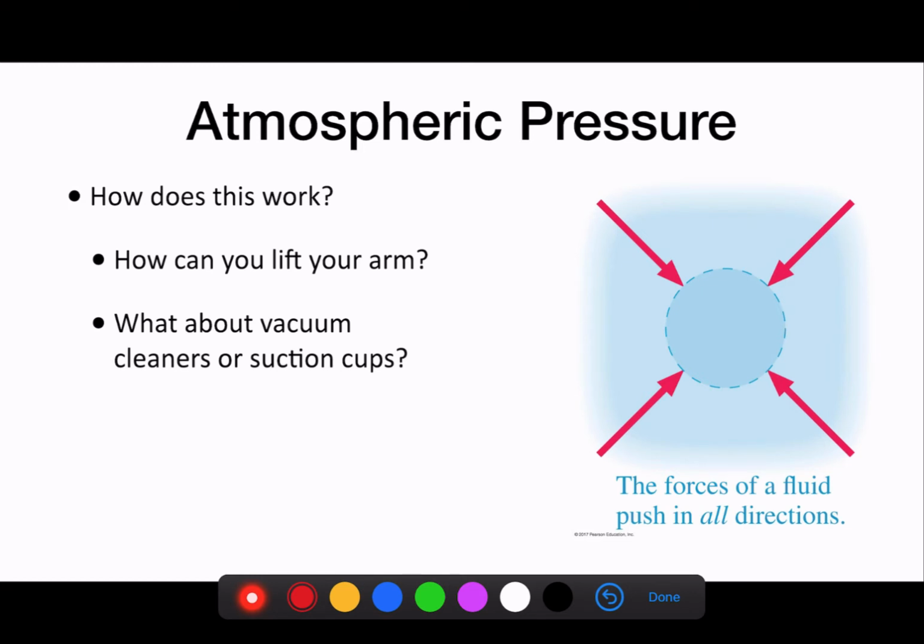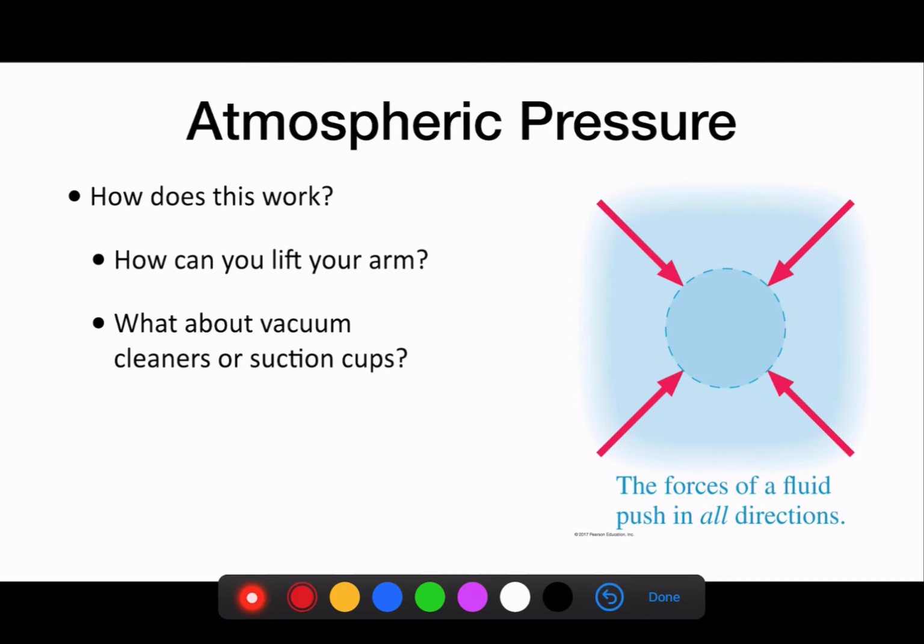So if we think about your arm, we can lift our arms because the atmospheric pressure is not only pushing down on our arm, it's also pushing up on our arm and in and out in all directions. So the net force on our arm due to atmospheric pressure is essentially zero. That means you don't have to work against these forces to be able to move your arm. The net force is zero, so you just need to apply whatever force is needed to make it move.